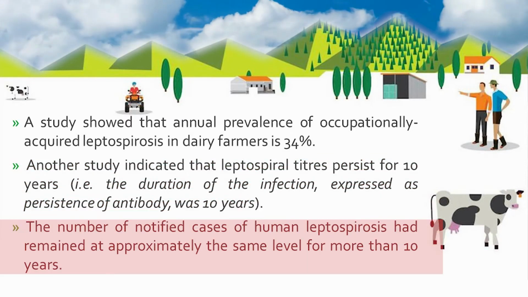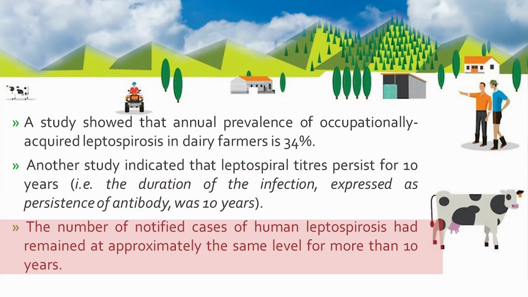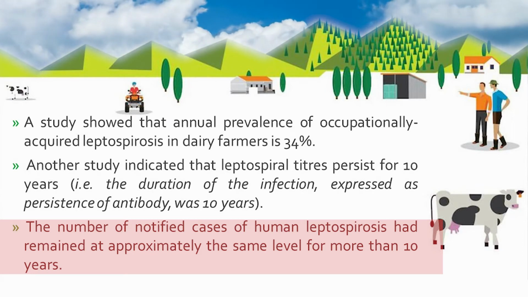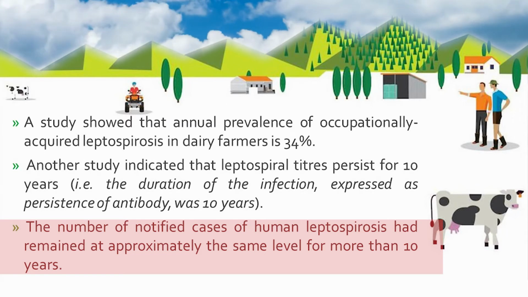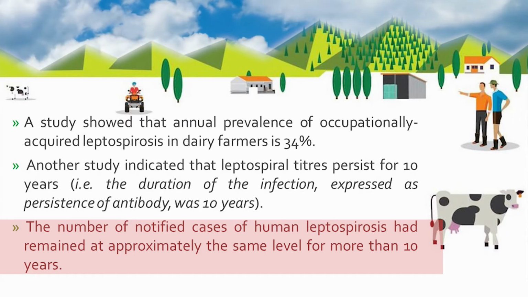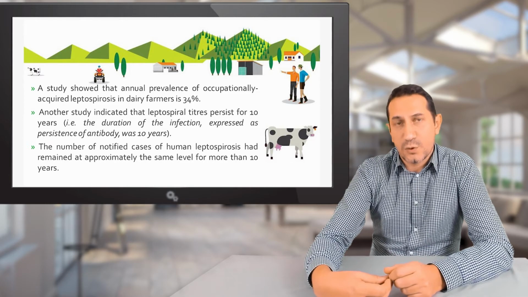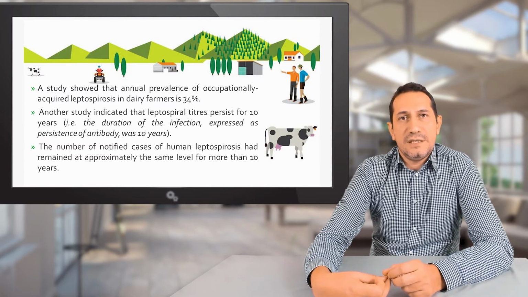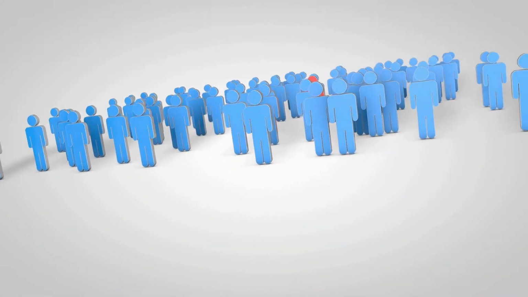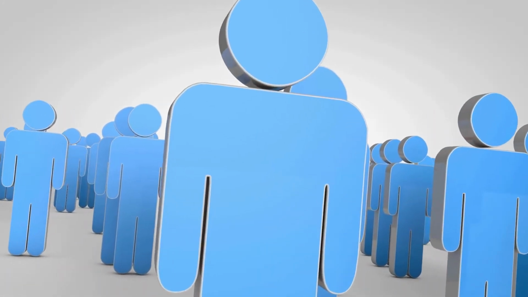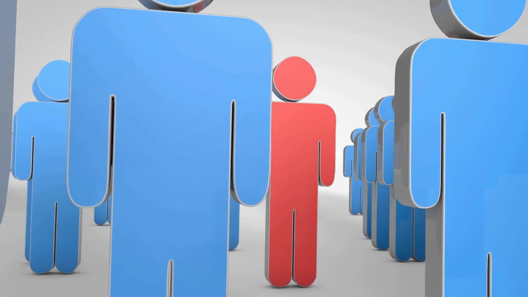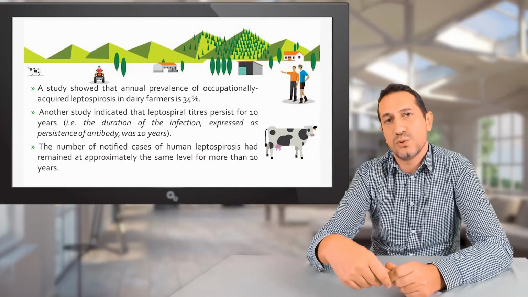And then the number of notified cases of human leptospirosis had remained almost the same, more or less 10 cases per year, which means that it could be assumed that there is a stable endemic level of the disease in this human population, and of course in the cows, which are spilling the disease over to humans.